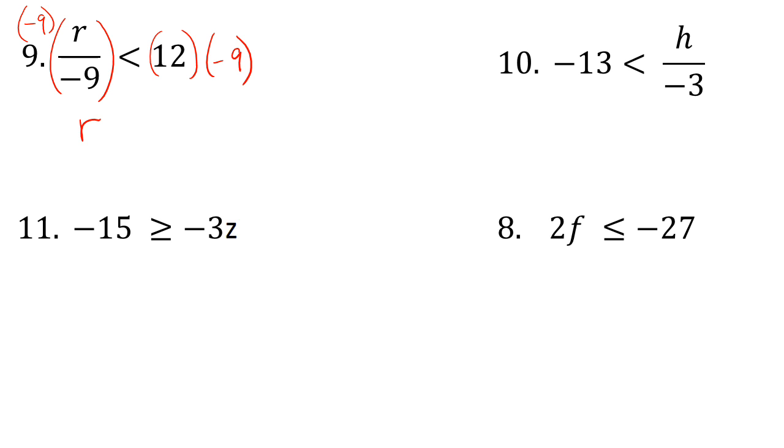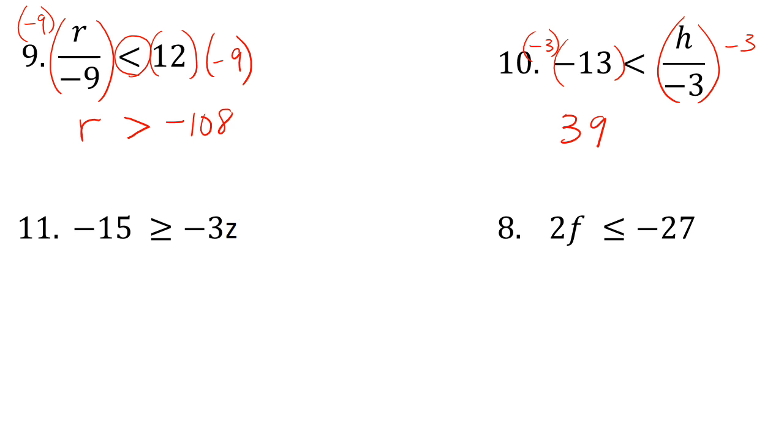Gives us r. We flip our sign to greater than, negative 108. Number 10, we're going to multiply both sides by negative 3. So that leaves us with 39. We flip our sign, so now it's greater than h.